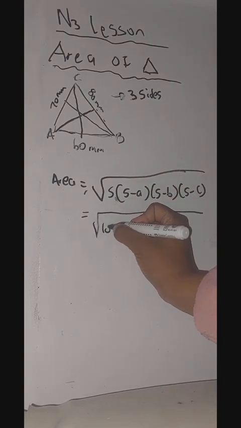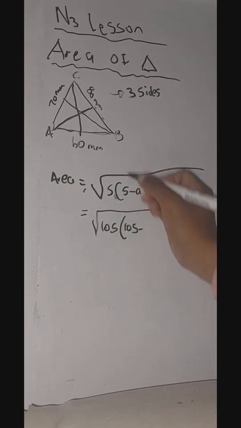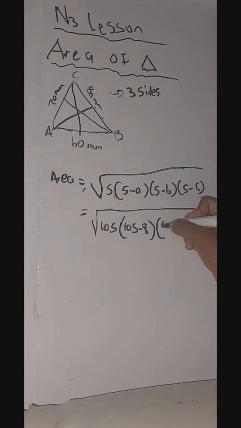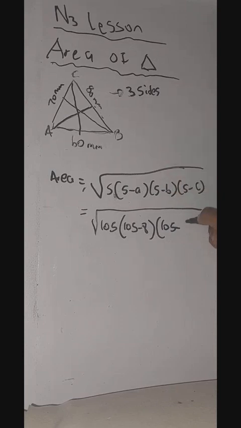S is 105. 105 times 105 minus A, which is 80, 105 minus B, which is 70, 105 minus C, which is 60.